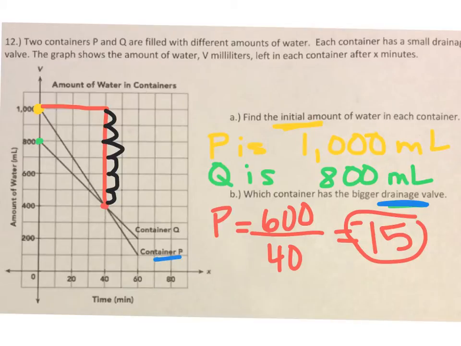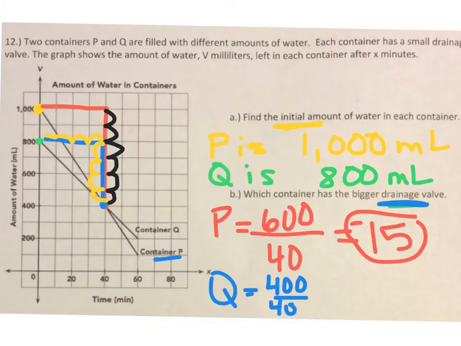Now I'm going to do the slope of Q. So I'm going to use that same good point and then rise and run. And let's see, this rises 100, 200, 300, 400. And it's running the same, 1, 2, 3, 4, over 40.